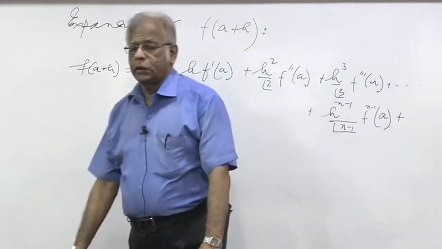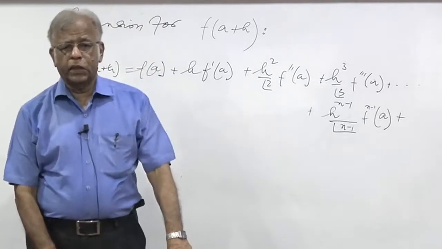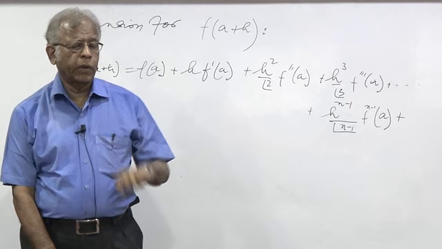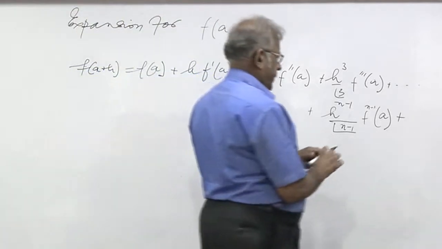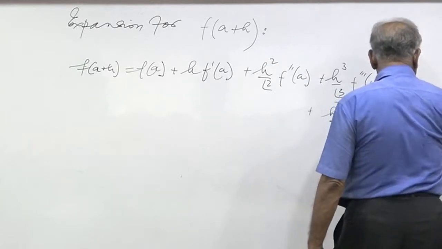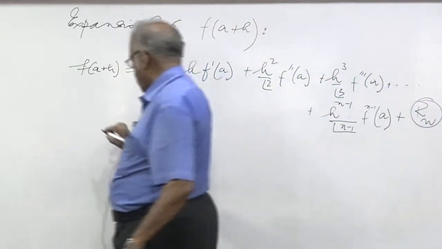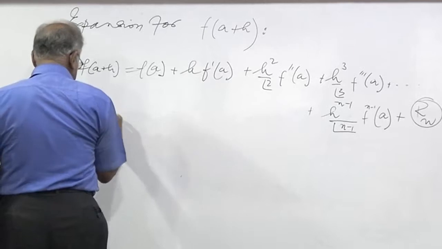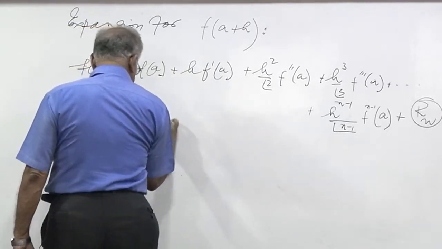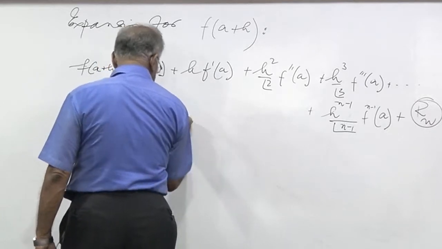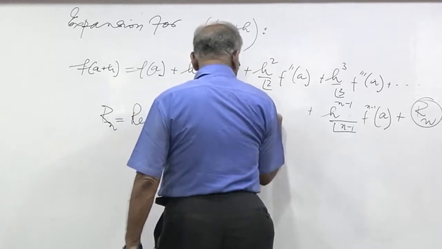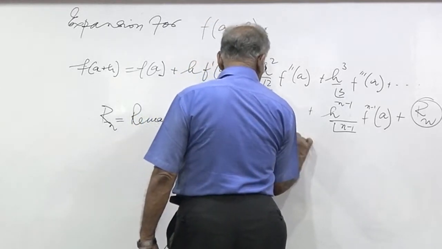After the nth term there will be something which we will call the remainder after n terms and denote that by R_n. So, this R_n is the remainder after n terms.